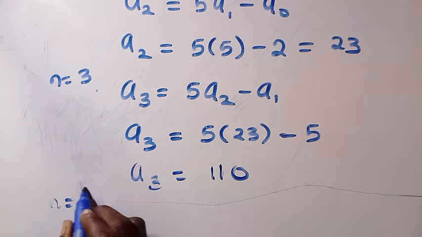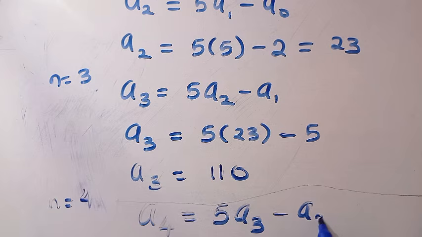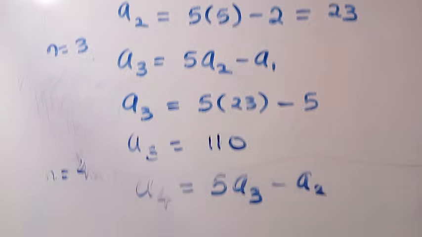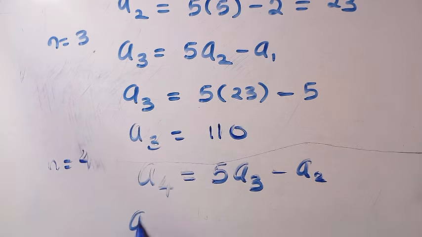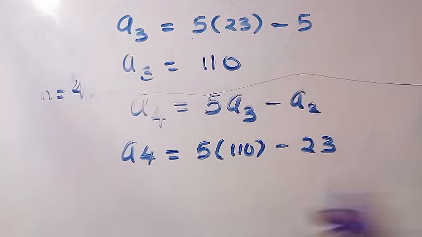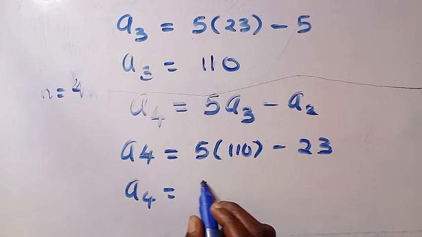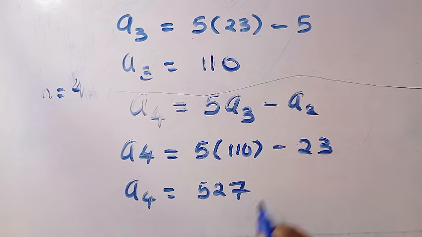If n equals 4, we have a4 equals 5 a3 minus a2. Substituting, a4 equals 5 times 110 minus 23, and the result is 527.